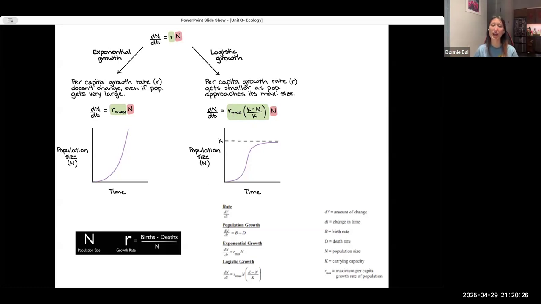For exponential growth, you would use R max, which is the fastest population growth rate, which could be given to you in a question. Or maybe you calculate it from the graph by doing a rise over run kind of calculation, finding the steepest slope and calculating from there. But ideally, they'll just give you the number and you'll use it.